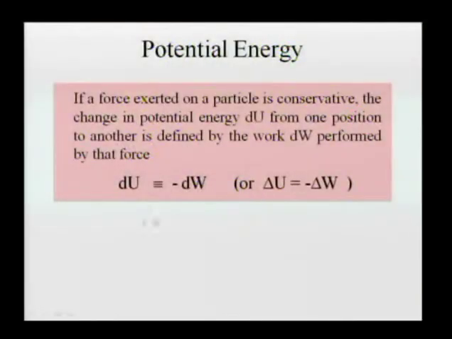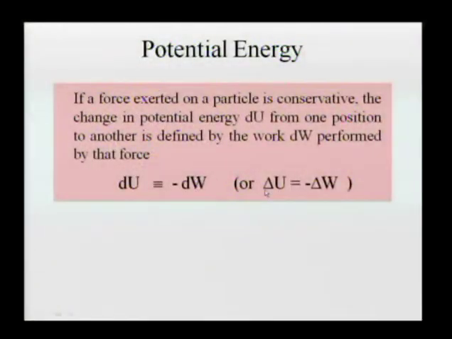By definition, potential energy is introduced in such a way that if an object moves from one location to another location, conservative work is opposite to the change in potential energy. And if we integrate it, if I move from one location to another location, then the change in potential energy is opposite to work.